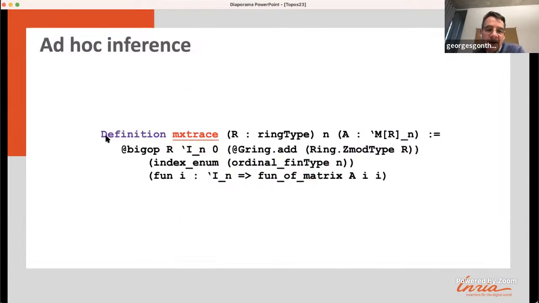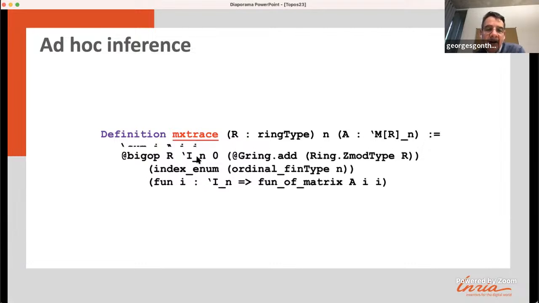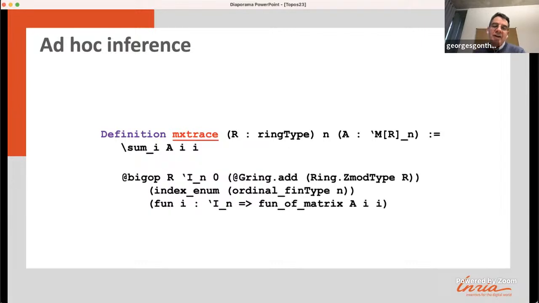So with those matrices, you can figure out how to enumerate this ordinal type here, and you can see that there's quite a gap between what you actually type in and what's needed to make logical sense of it.